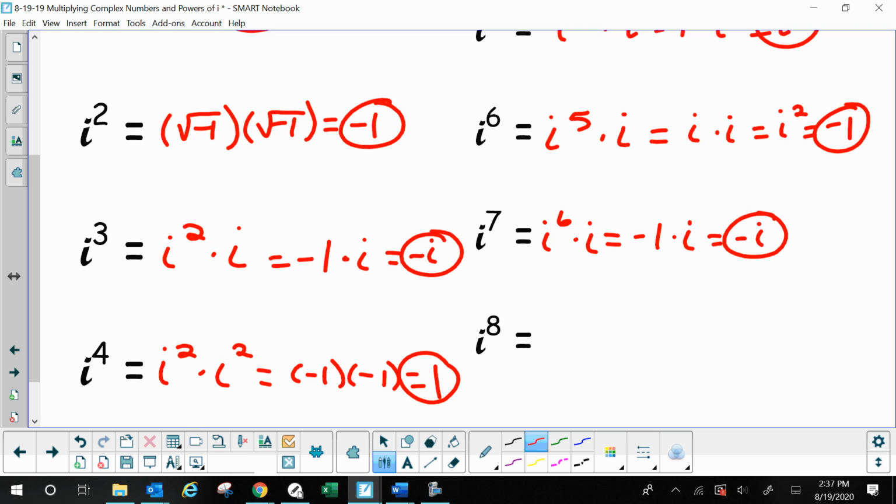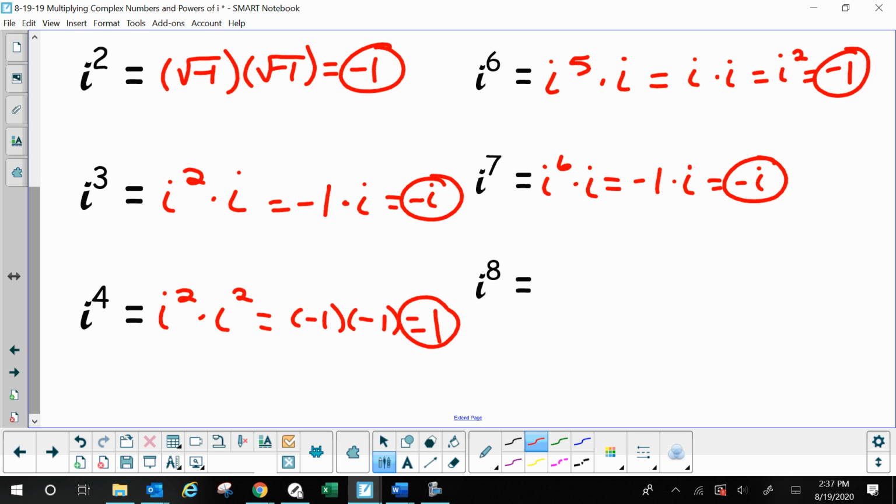And then what about i to the 8th power? You can do 7 and 1, you can do 4 and 4. You're going to get 1. There are 4 things that this cycles through.